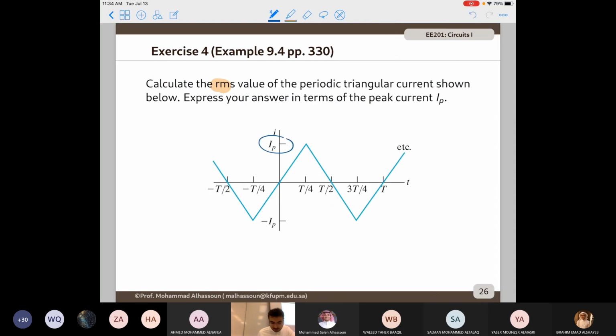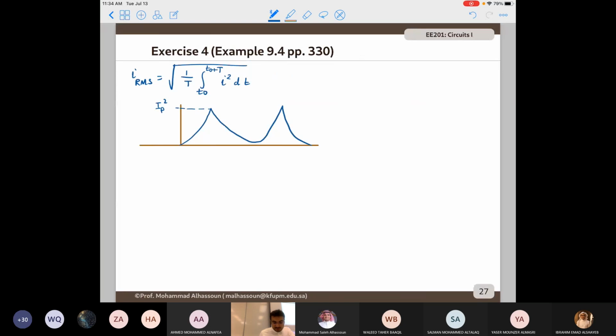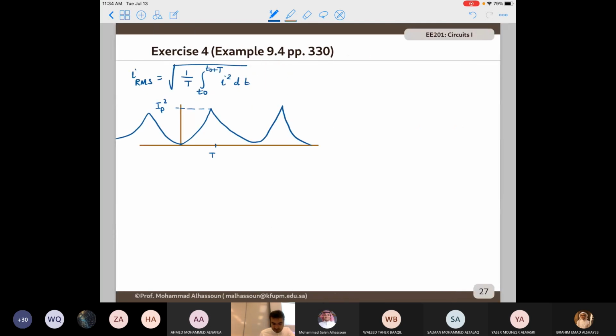Remember here the magnitude is IP, so the peak is IP squared. It's going to repeat itself, at T over 4, T over 2, 3T over 4, etc.